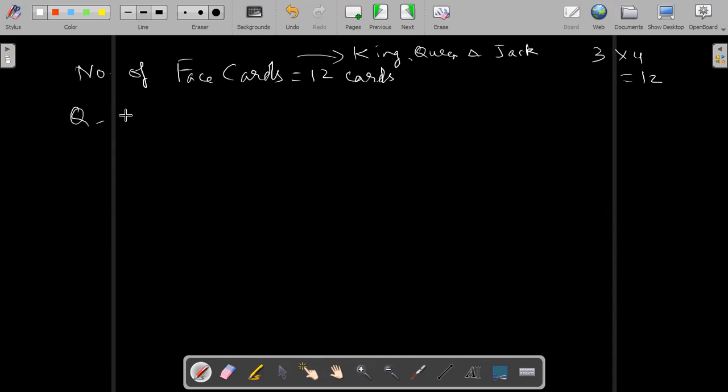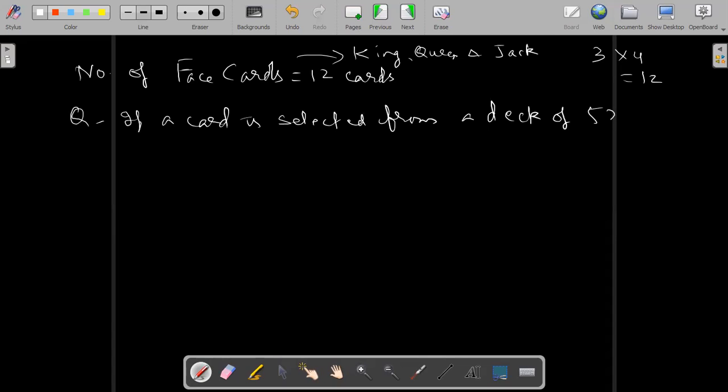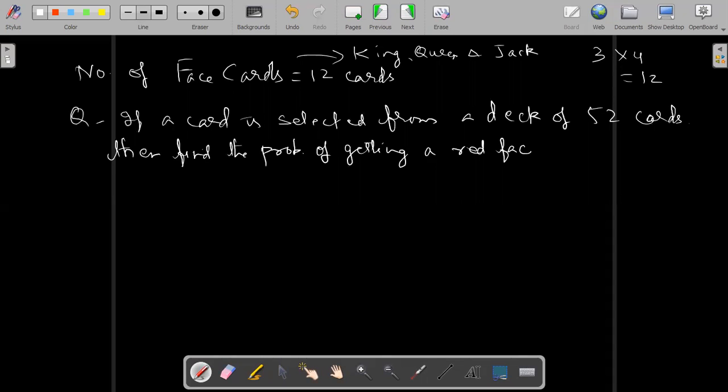For example, the question: if a card is selected from a deck of 52 cards, then find the probability of getting a red face card.